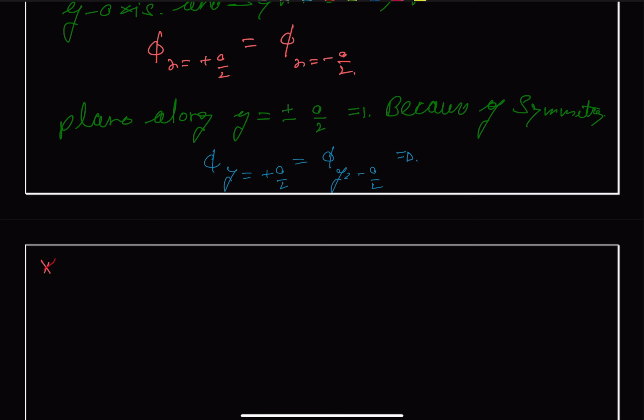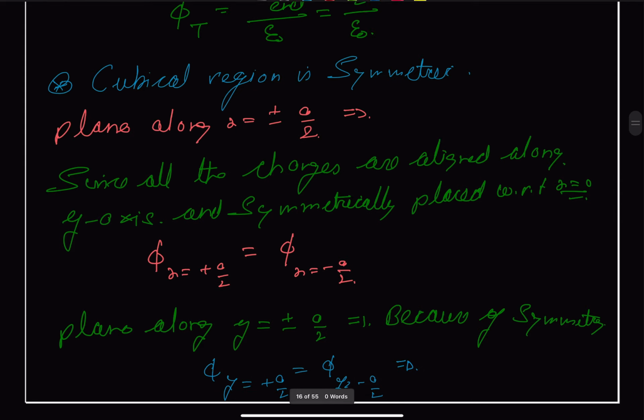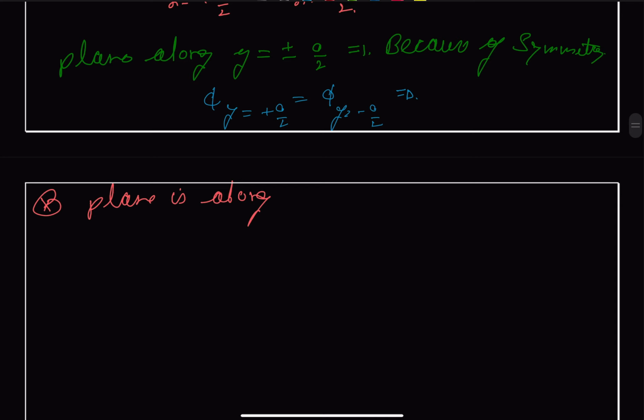Our planes are given as z equal to plus a by 2 and x equal to plus a by 2. In this case also the configuration is symmetric about both x and z direction.